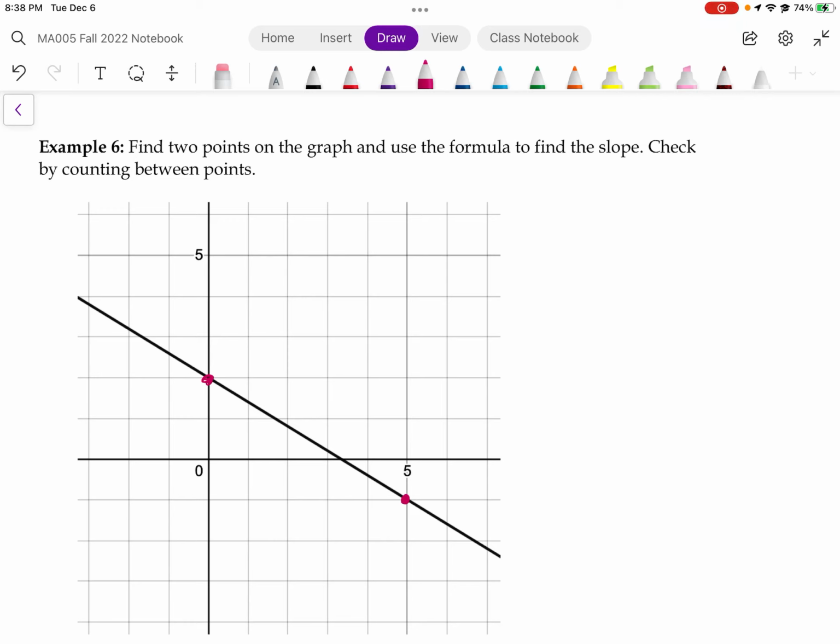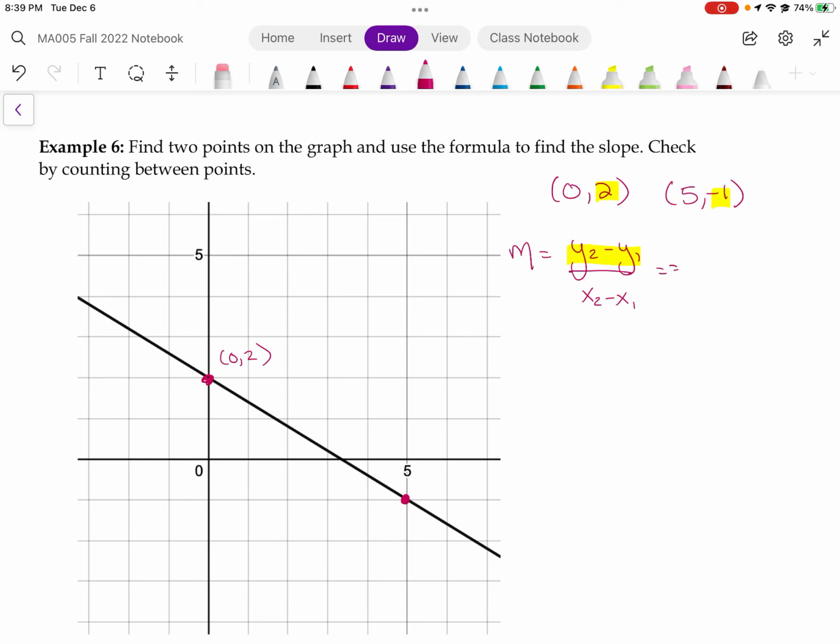All right, one of my points is 0, 2. That's this one right here, 0, 2. And the other point is 5, negative 1. All right, so m is going to be y2 minus y1 over x2 minus x1. All right, so the difference in the y's, okay, so the y's are going to be these two right here.